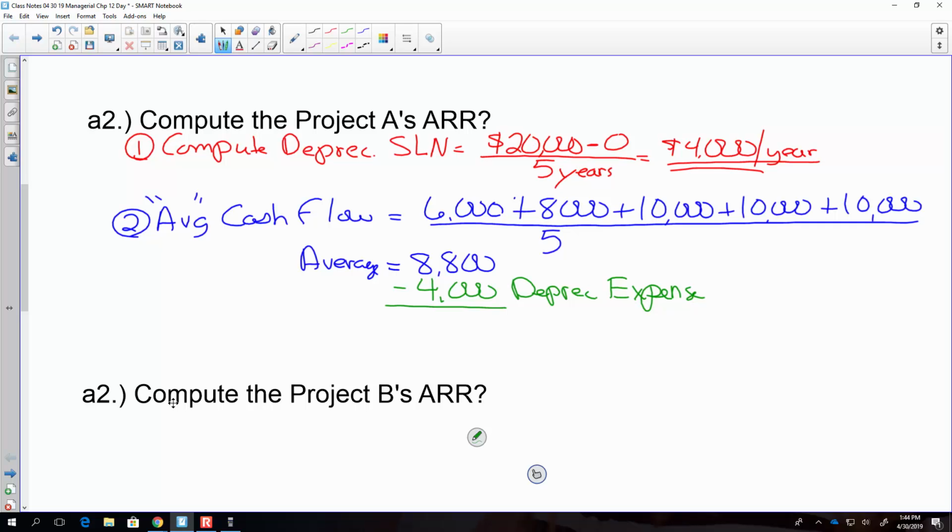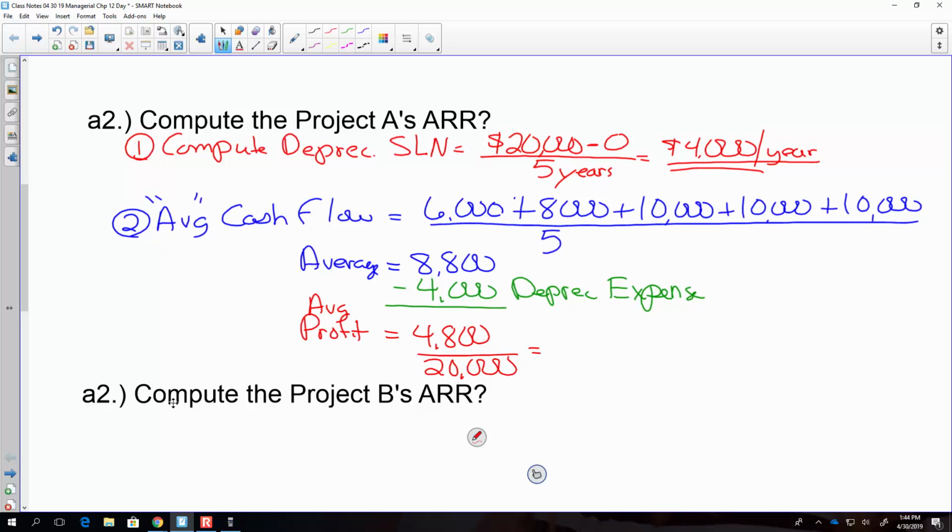So I subtract that 4 off. I'm left with 4,800 of basically profit, right? Average profit. And that's what I divide by the $20,000 investment.